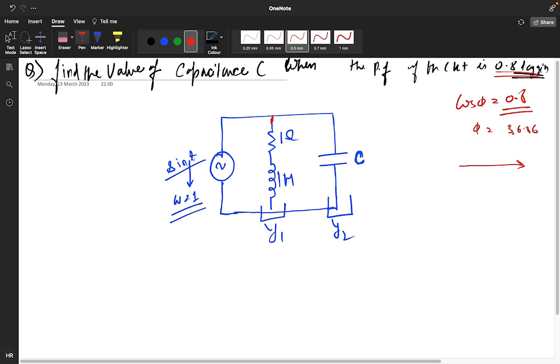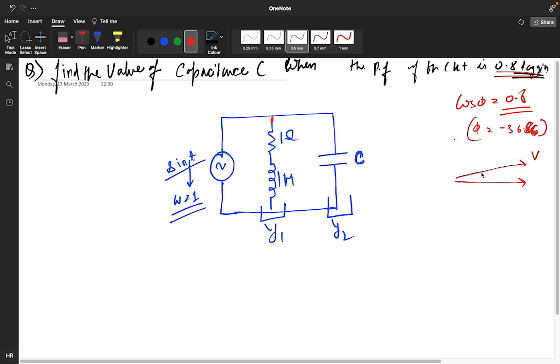If it is given lagging, you have to consider minus 36.86. Okay, and in questions, lagging and leading: if they are directly giving lagging or leading, then you have to consider your current is lagging. So current is lagging means your voltage is leading.